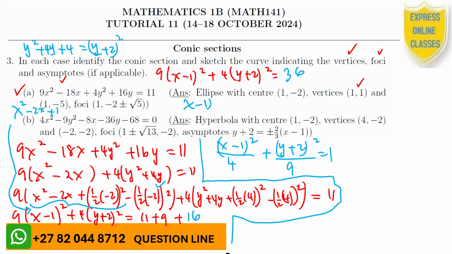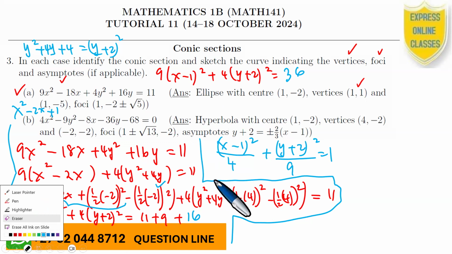Okay. So now, check this out. At this point, it's clear that the conic section we're dealing with is an ellipse.